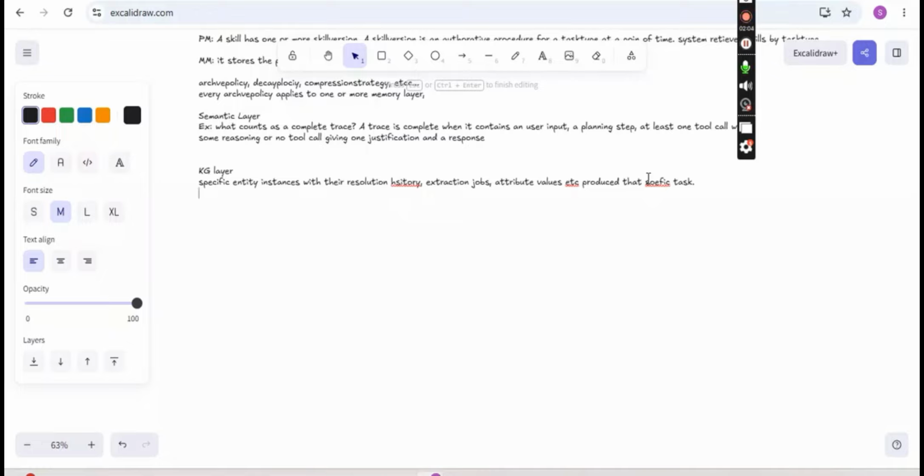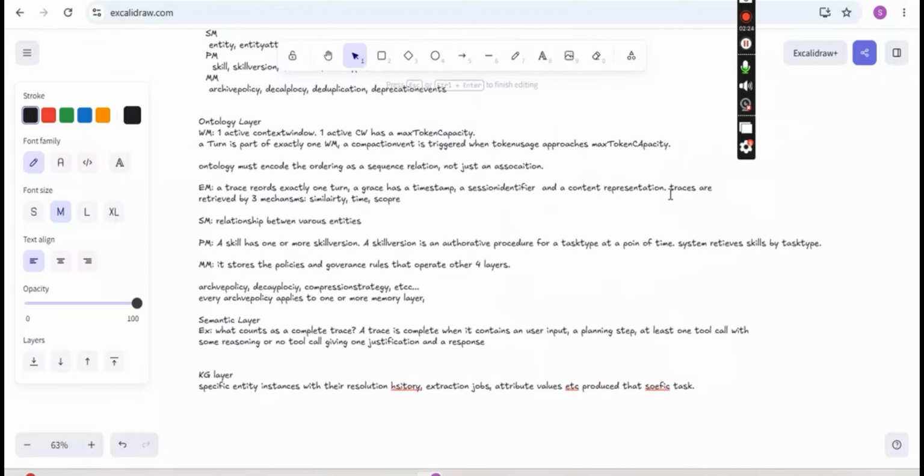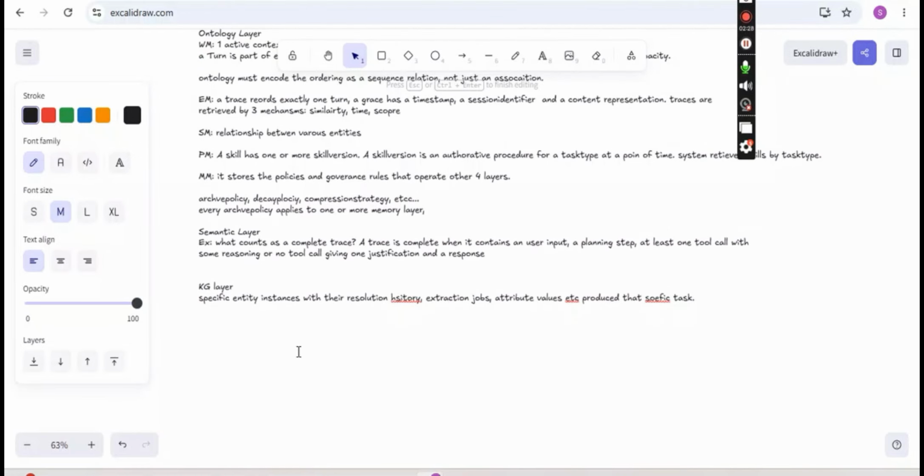The graph also encodes the cross-layer dependency. So an episodic trace feeds an extraction job, which feeds an entity in semantic memory, and an episodic trace feeds a reflection pass, which feeds a skill version in procedural memory. All those relationships we have derived here will be coming into the KG layer.